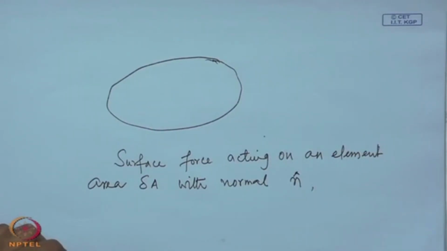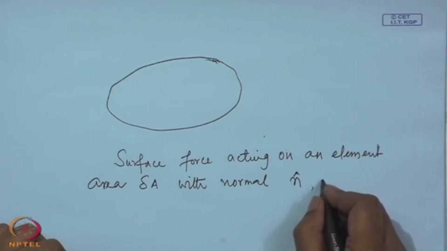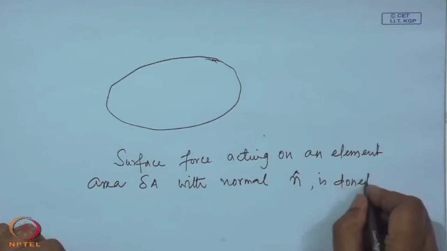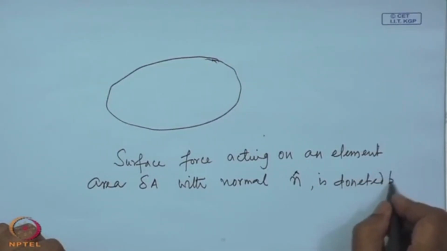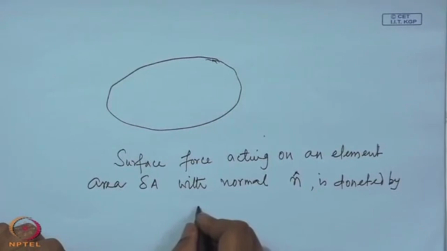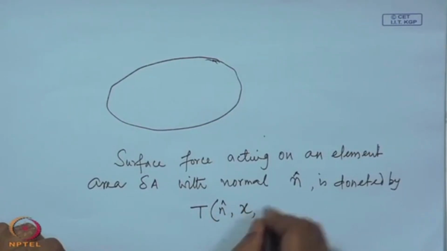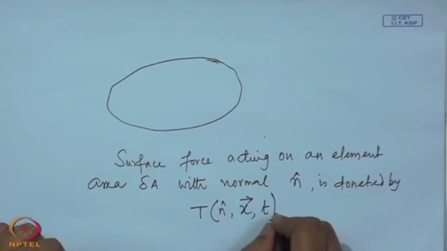Let us denote it simply by T. Should we denote this x also in vectorial sense?